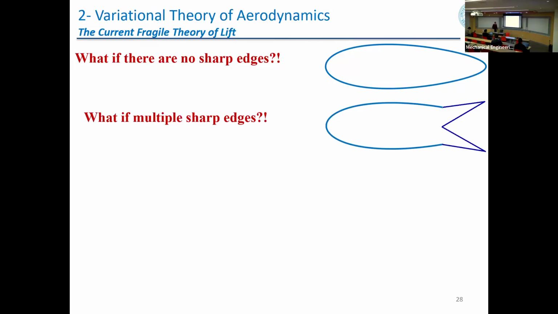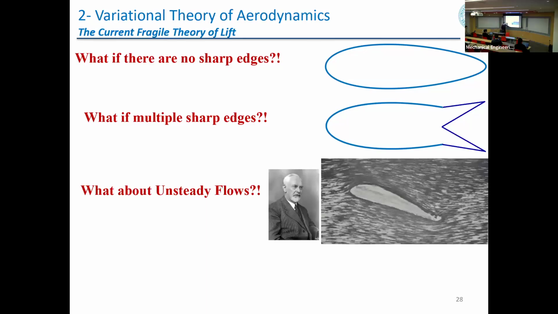The ambiguity remains. And not only that, what if we have a fast maneuver like those done in the Top Gun movie, Maverick? So we're talking about unsteady flows. Here is Prandtl's flow visualization, the exact same catalog of pictures. This is what they call an impulsive start. So it's a fast maneuver. We know since this time, more than 100 years ago, that in an impulsive start, the flow goes around the edge, actually.